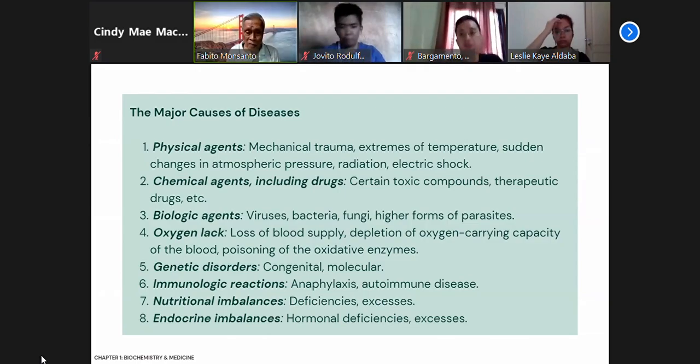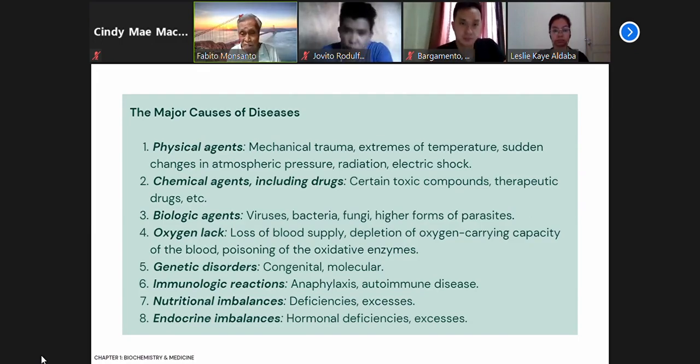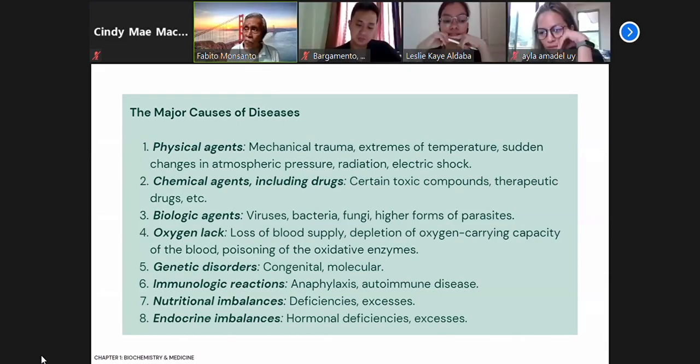And then we have electric shock, of course, electricity. Chemical agents, okay, toxic compounds, therapeutic drugs, and also those illegal drugs. No? Biologic agents.